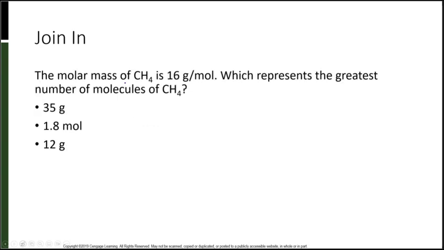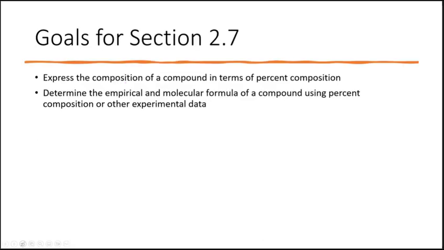The molar mass of methane is 16. Which one represents the greatest number of molecules of methane? 35 grams. And that concludes Chapter 2, Section 6.